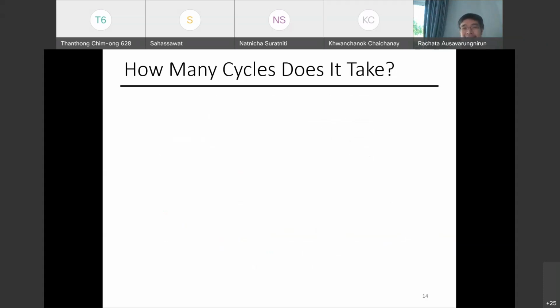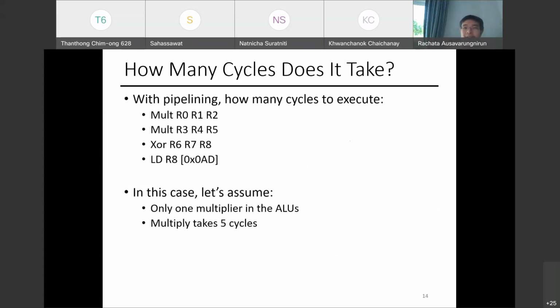Let me change the example a little bit, right? Okay, let's stick with the same example. We assume that there are 2 multipliers. It will still take 8 cycles, right?